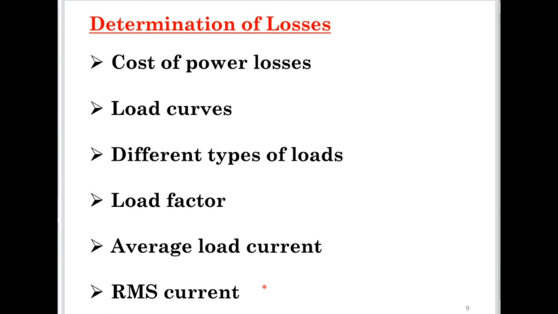Why do we need RMS current? What is wrong, or why cannot we use average current?